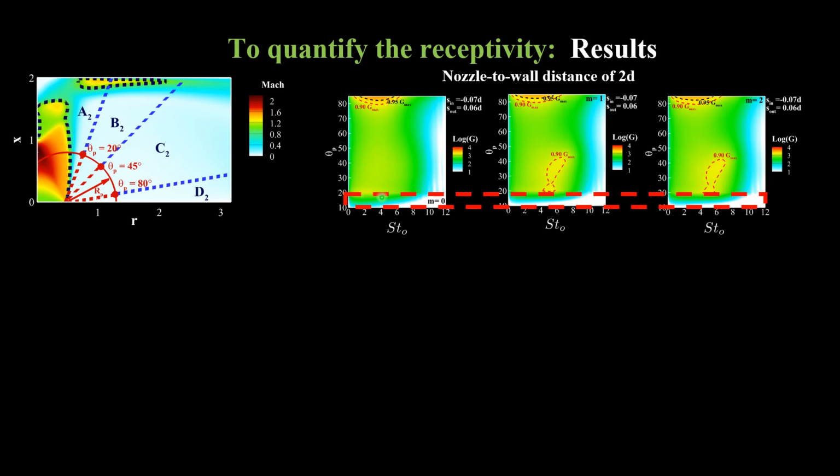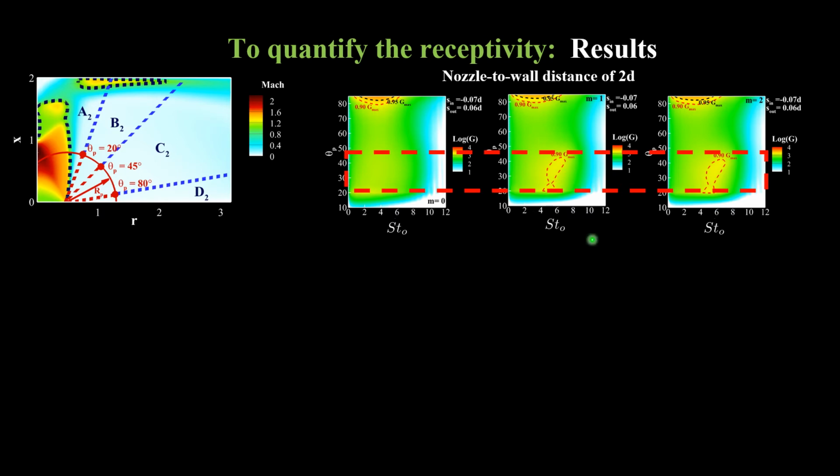As you can see, the transfer function is minimum, with the maximum occurring at low frequencies. Moving to region B2, theta p between 20 and 45, the transfer function is maximum at high frequencies. The maximum transfer function, as we move away from the center line, moves toward high frequencies.